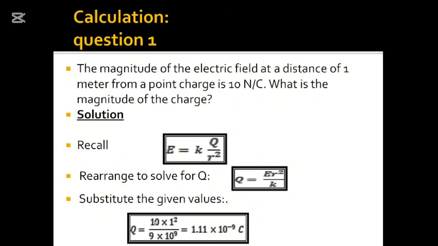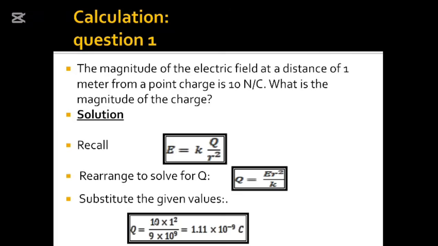If we make Q the subject of the formula, it will give us Q equal to ER squared over K. Now, if we substitute the given values, that means R now is taken as 1 meter and E is taken as 10 Newton per coulomb.